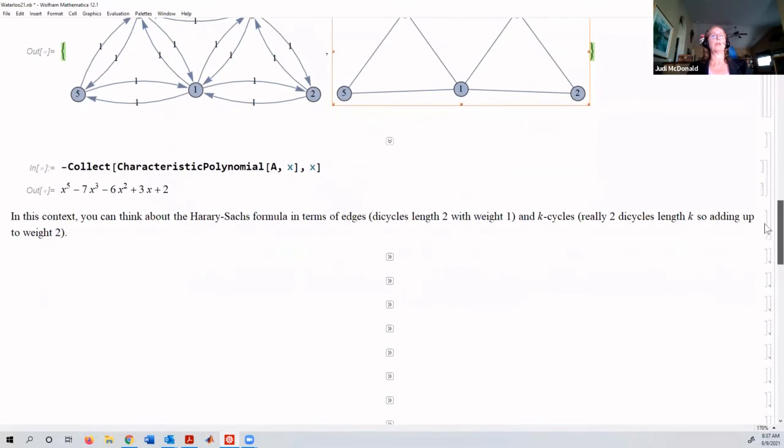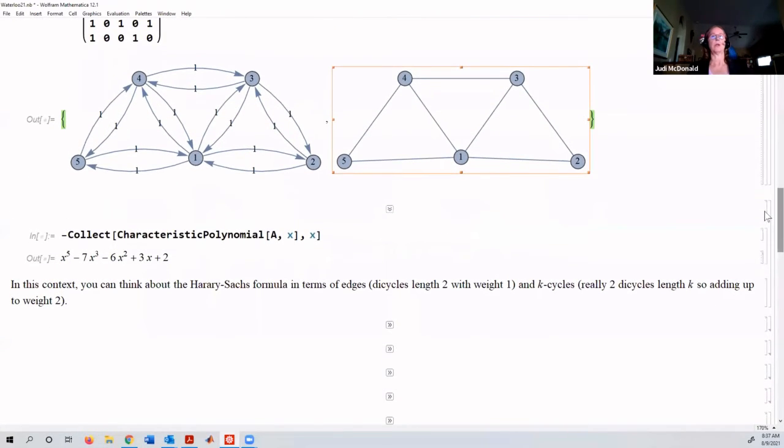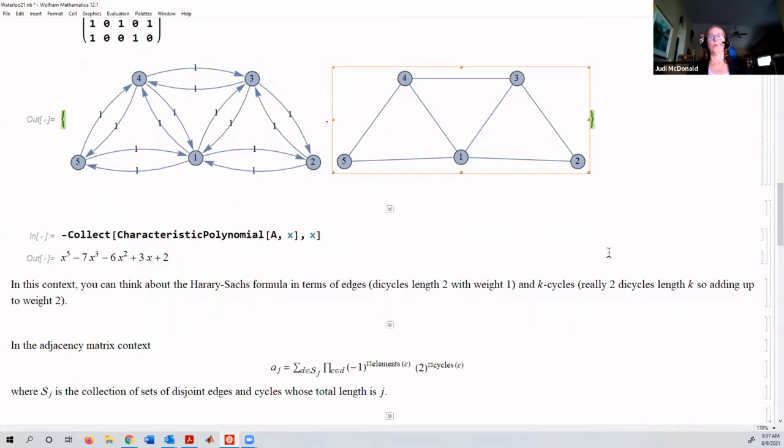So if we look at this particular characteristic polynomial, we know the 2 cycles are now edges, and I can only go around an edge in one direction. So it shows up just once, so a weight of 1.